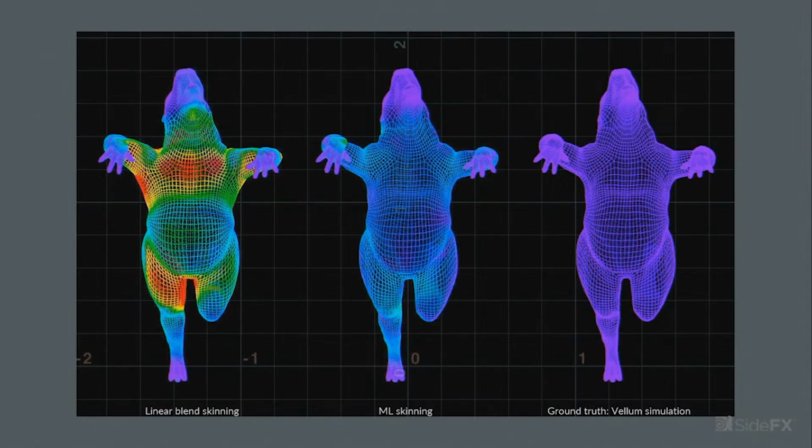We used PDG to create random poses for the capybara. So once PDG came up with the different poses, we computed the linear blend skinning, as well as the quasi-static vellum solve.